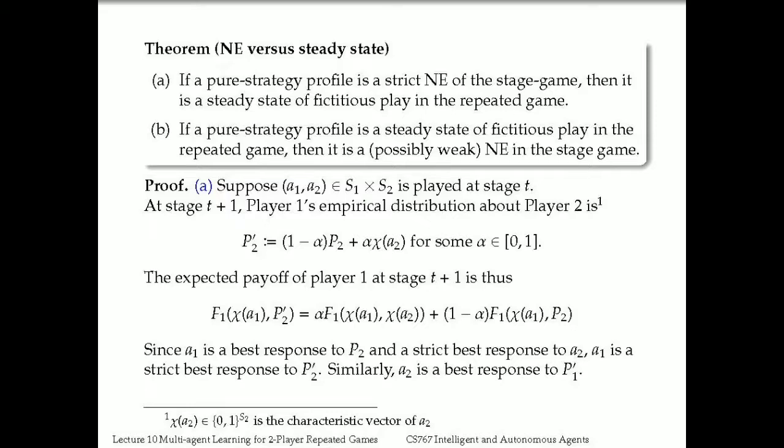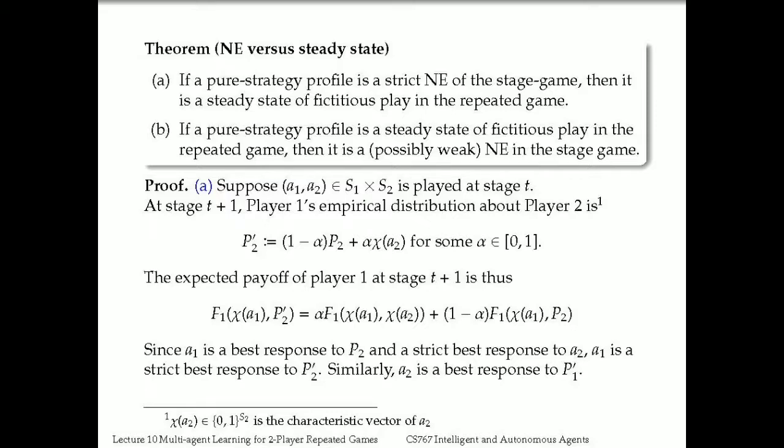Well, suppose A1, A2 is played at a certain stage T, right? According to the description of fictitious play, when this action is played, it means that this action will be the best response to what is believed to be the opponent's strategies. Now let's consider what will happen in the next stage.